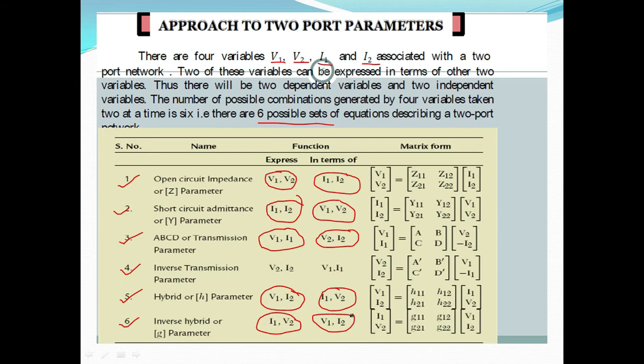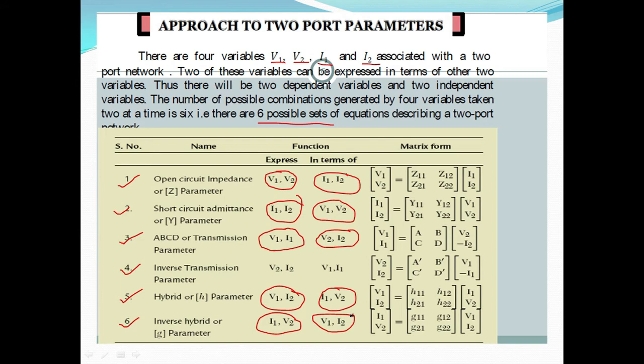The Z parameter is called the open circuit impedance parameter, because here V1 and V2 are the dependent parameters and your equation is in the form of Z11 I1, Z12 I2. Whatever you have to calculate, Z11 and Z12, or Z21 and Z22, I1 is the current parameter.